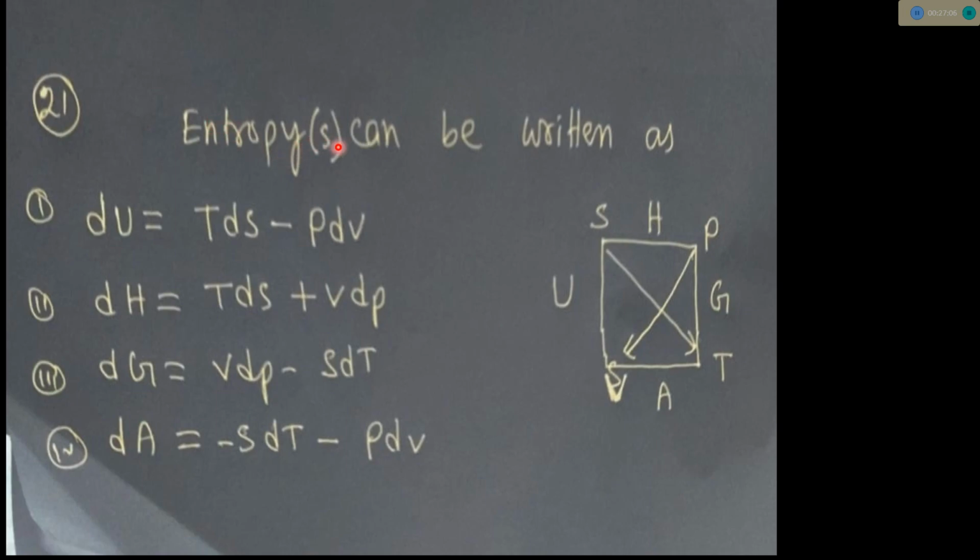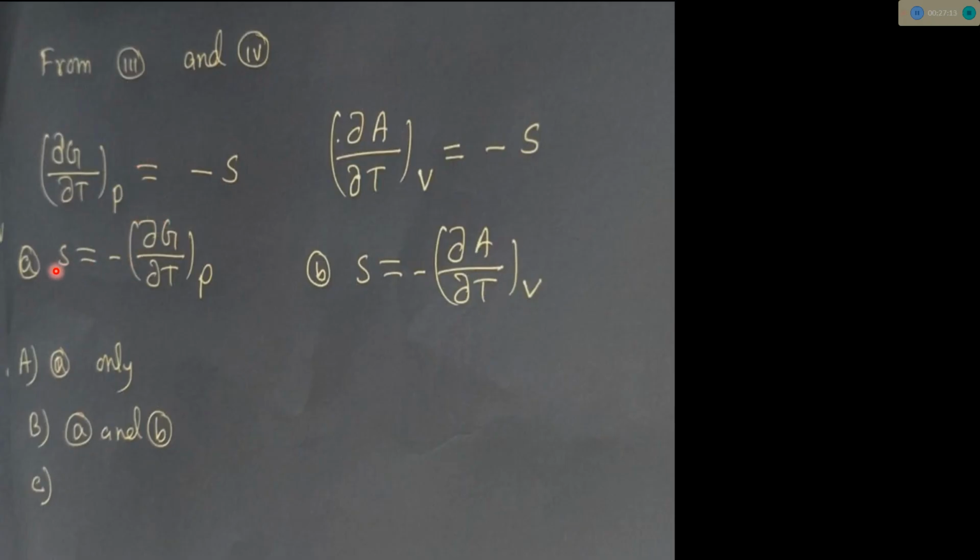So entropy S can be written as, so this is not the option. The options were like, S equal to minus del G del T at constant P, B S equal to minus del A del T at constant V. So there were two options, C and D. I forgot the options, but there were four options, A, B, C, D, four equations like that.